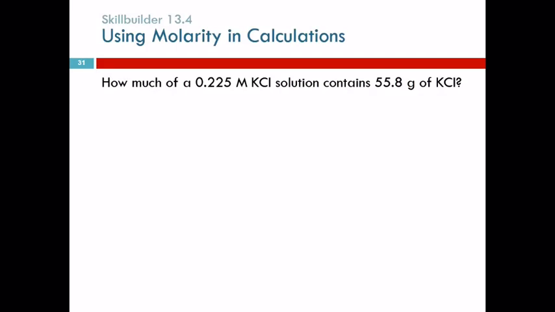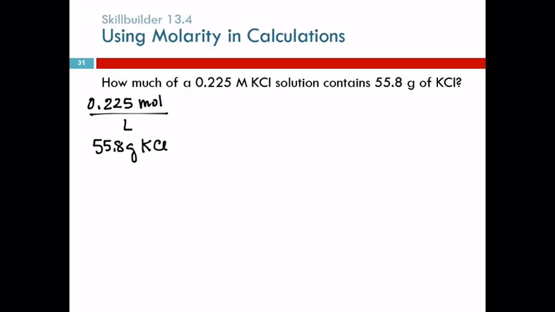Well, let's write down our numbers. 0.225 molar. I'm not going to write capital M. I'm going to write moles per liter, because that reinforces to my brain this might be a conversion factor. And then I've got this number, 55.8 grams of KCl.